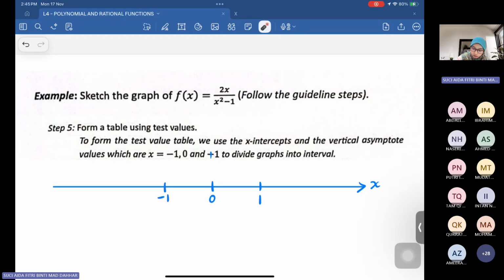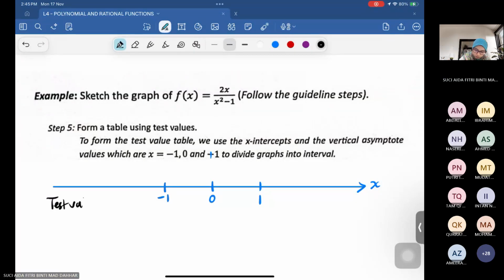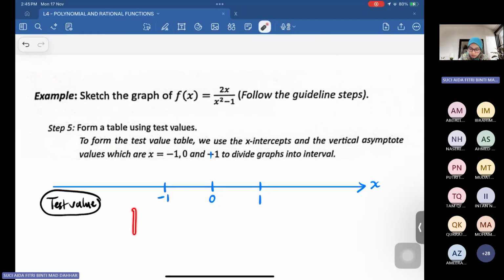Then next, I'm going to pick test values. For the test value, you have to pick one value in each partition, in each interval. Like the first interval here, you can pick anything that is lesser than -1. So I'm going to pick x equals to -2 here.